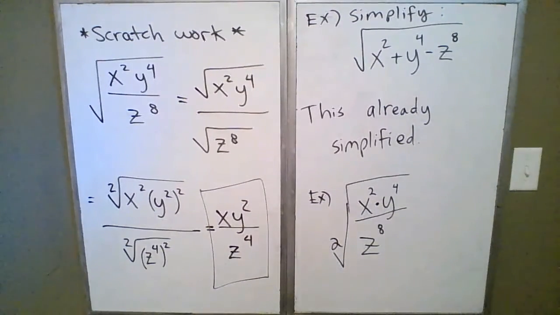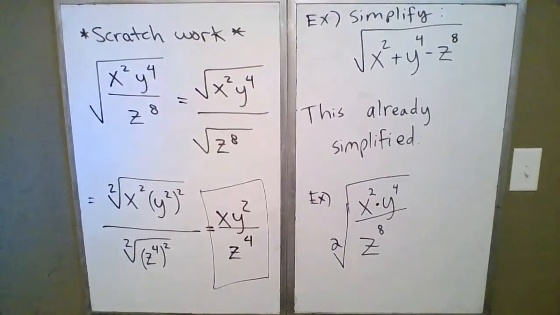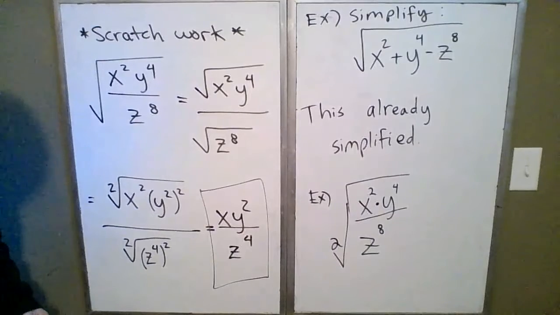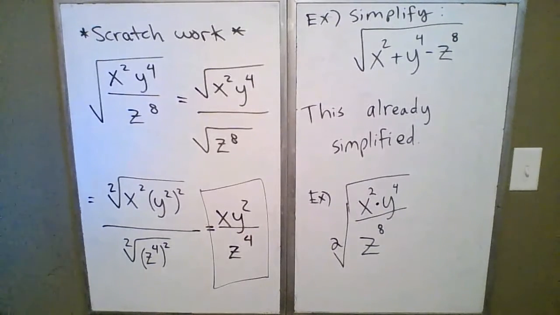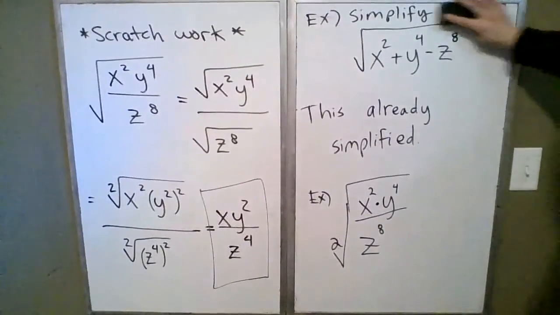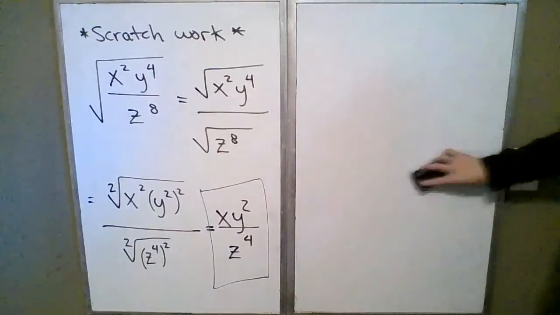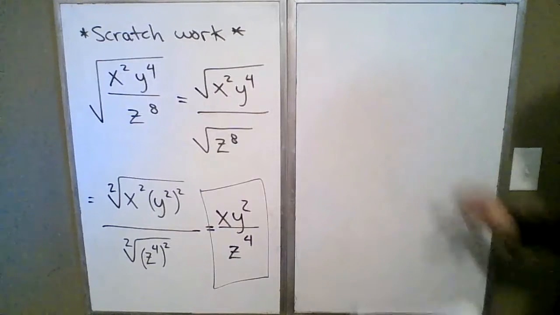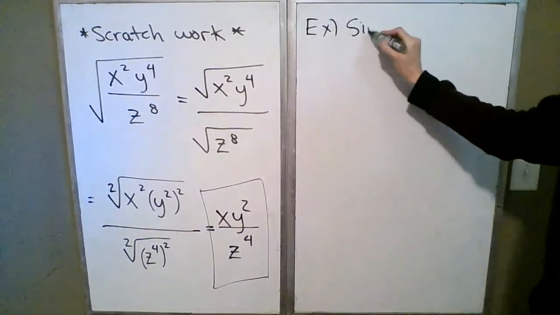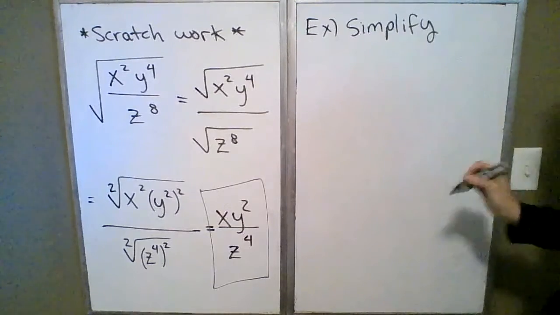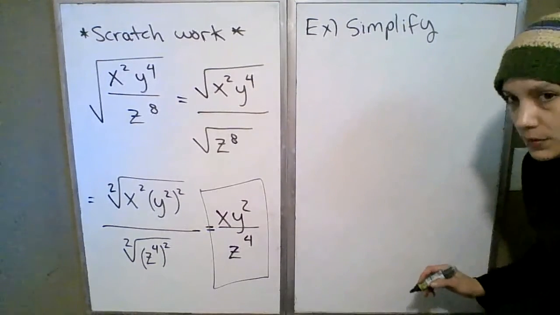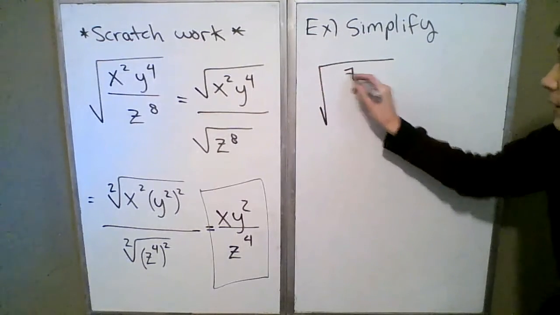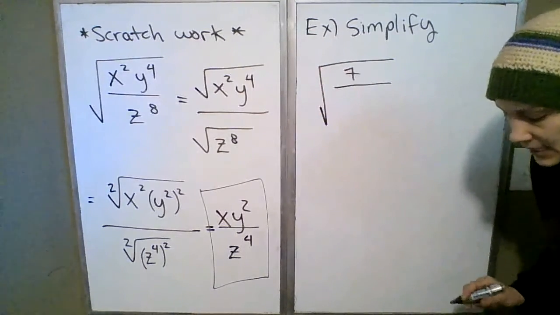Okay, we're going to simplify a root of 7 over 16a to the 6th.